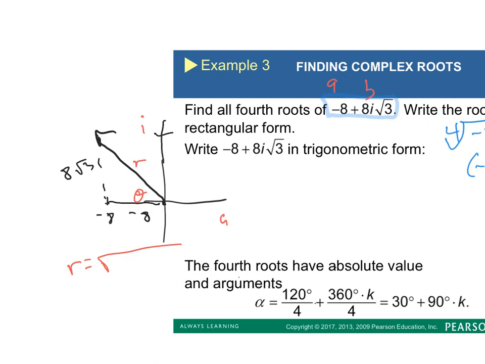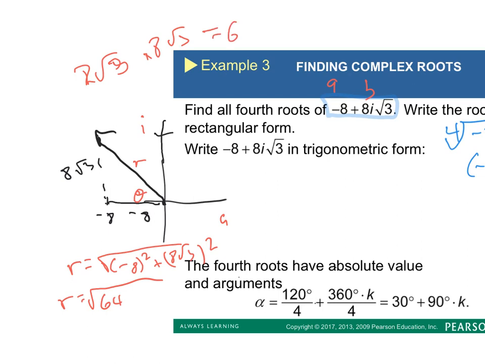r is the square root of negative 8 squared plus 8 square roots of 3 squared. r is the square root of positive 64 plus. Now 8 square roots of 3 times 8 square roots of 3 is 8 times 8 is 64.